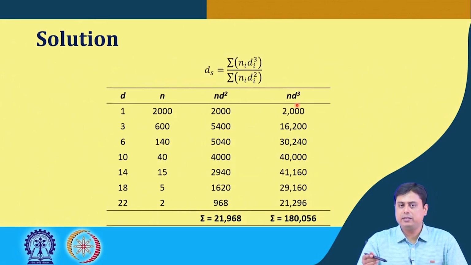To calculate the specific surface area, we have to have a mean diameter, and here we have calculated a surface mean diameter, which is based on either the number distribution or the mass distribution. You can calculate by any one of these methods.